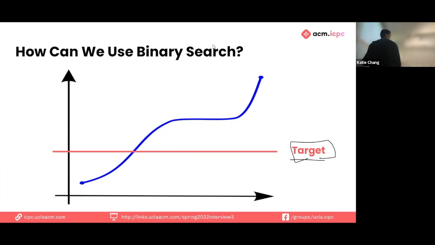All this is a function that maps an x value to a y coordinate, and we want to find the x value that maps to this target coordinate. So what do we do? Well, we know the x value at the start over here. We know the x value at the end over here. So what we can do is pick the middle x coordinate, which leads us right here. Now, what do we know about this y coordinate relative to our target?